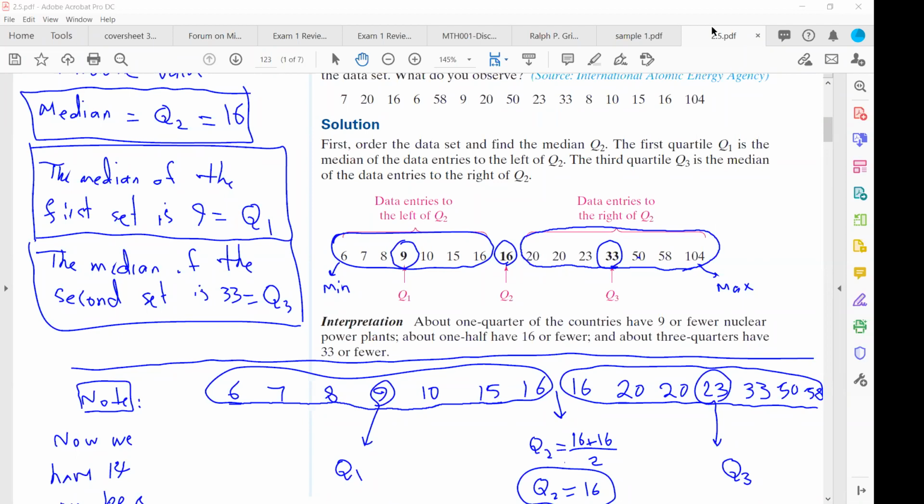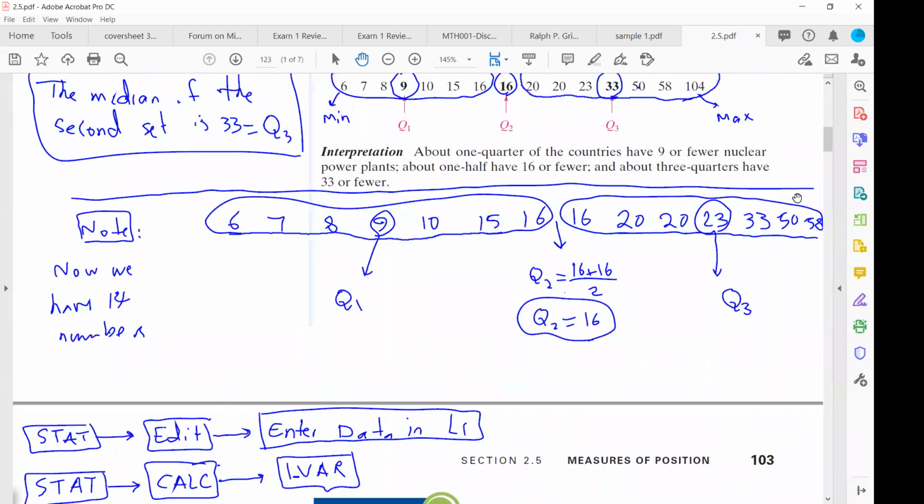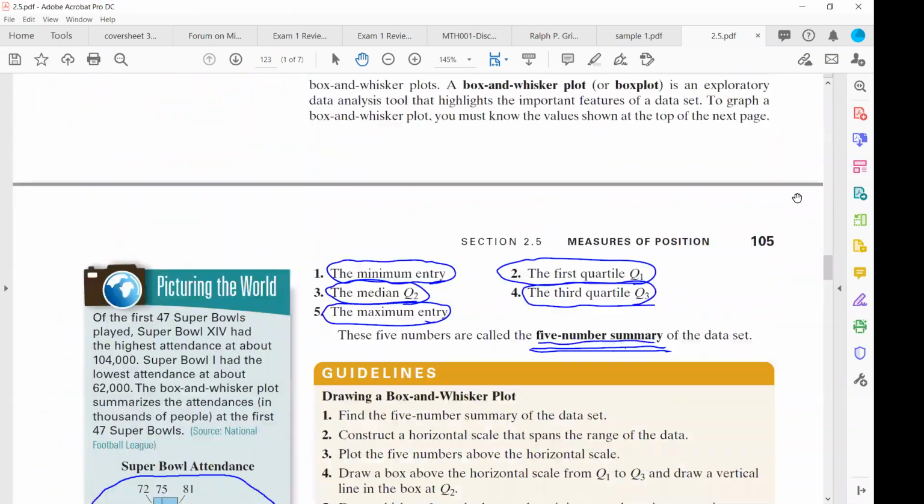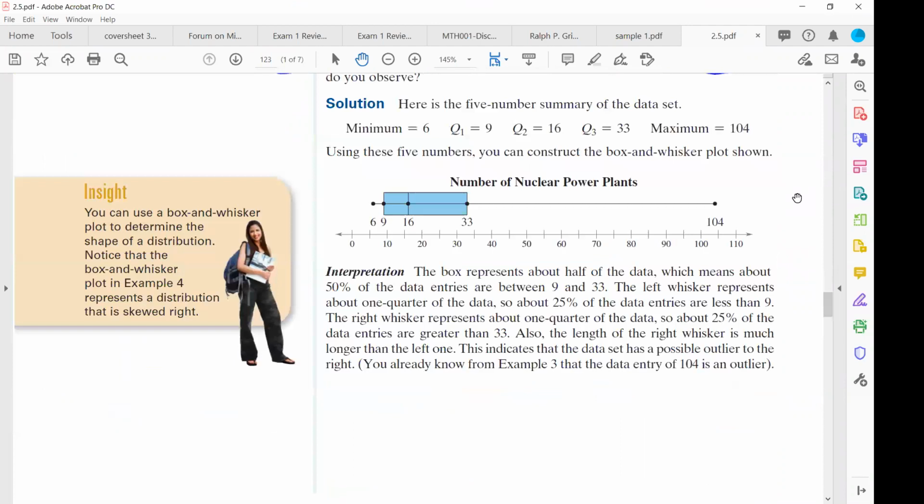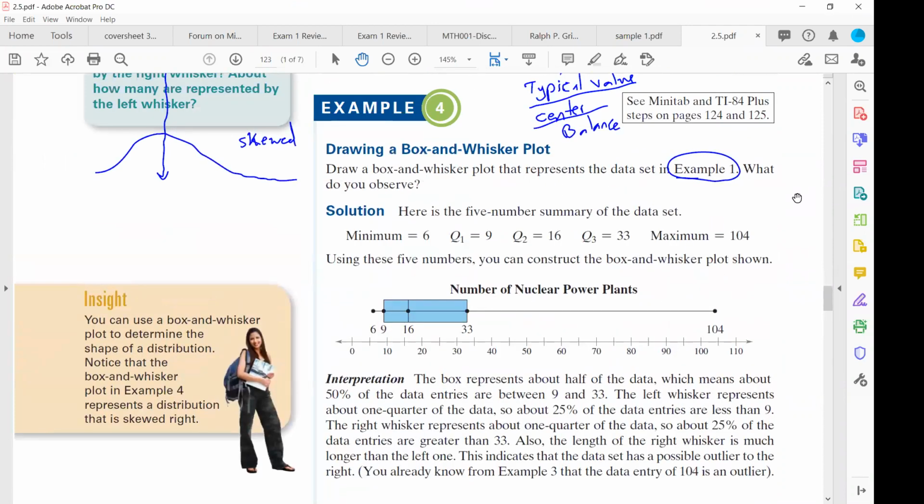9, 16, 33. So 6, the minimum value, maximum value 104, first quartile, second quartile, and third quartile. So we identify the five-number summary for the data.